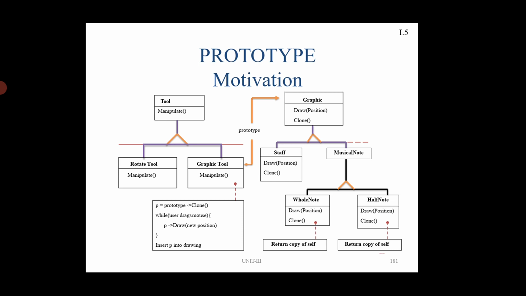Instead, they could be instances of the same class, initialized with different bitmaps and durations. A tool for creating whole notes becomes just a graphic tool whose prototype is a musical note initialized to be a whole note. This can reduce the number of classes in the system drastically.